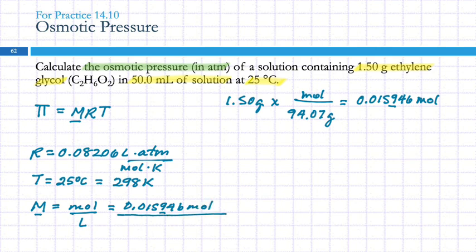And we need the volume in liters. We have it in milliliters. We can pull that trick. Milli means times 10 to the minus 3. So 0.31891 moles per liter.